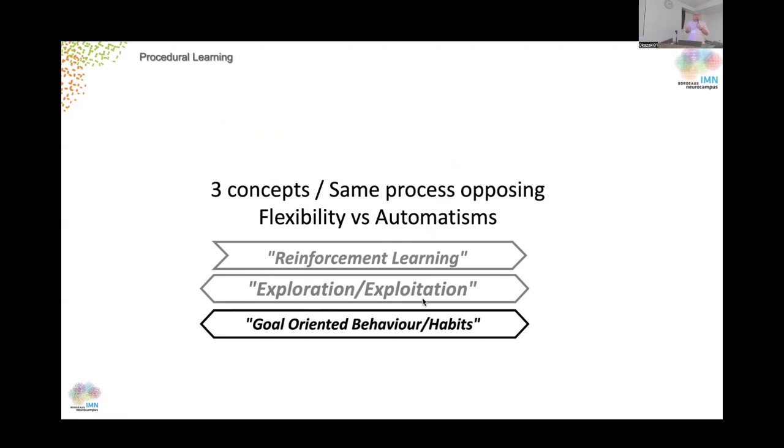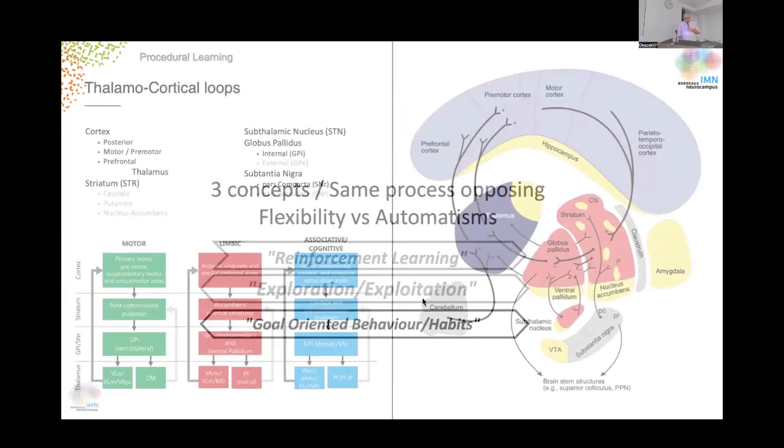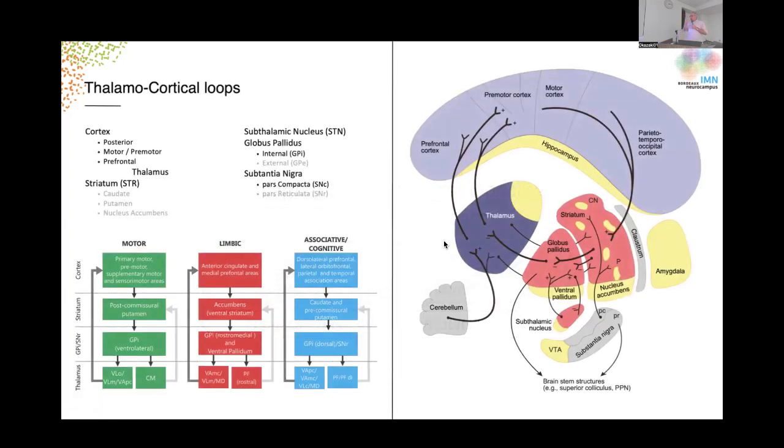What we are interested in is which brain structures are involved in those flexible or automatic behaviors, and how they interact together in order to generate behaviors. What is known is that the network encompasses the frontal cortex and subcortical structures such as basal ganglia and thalamus.